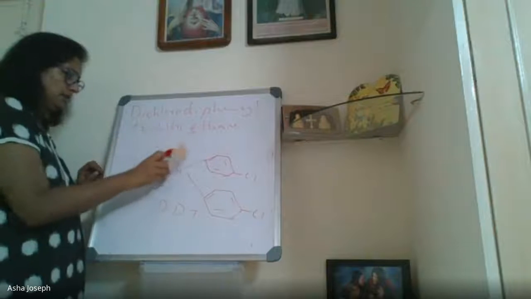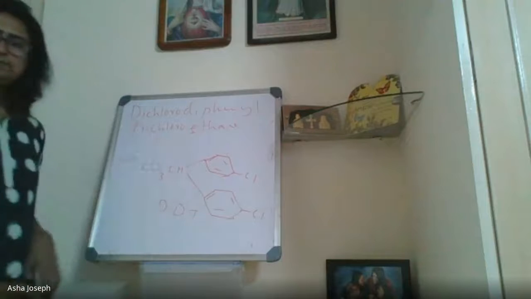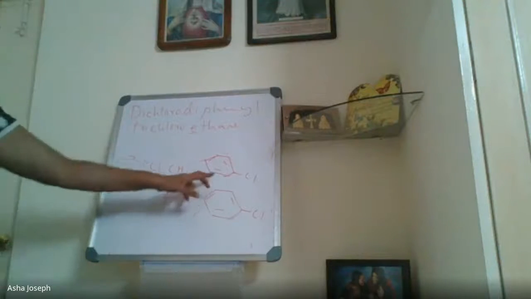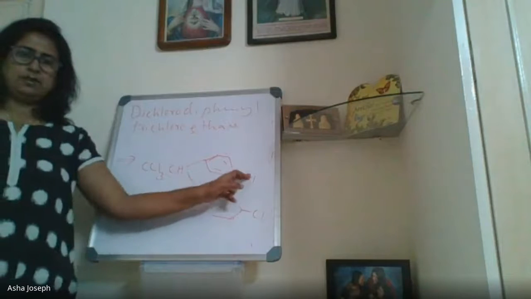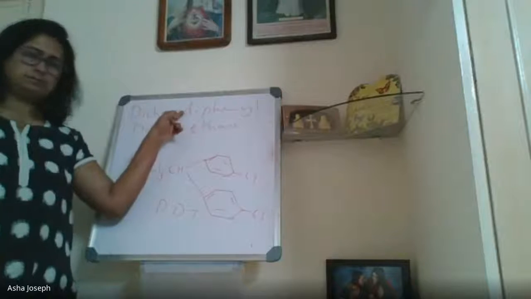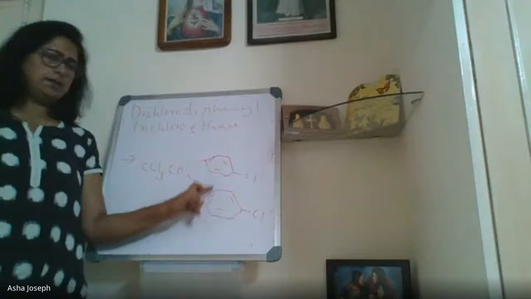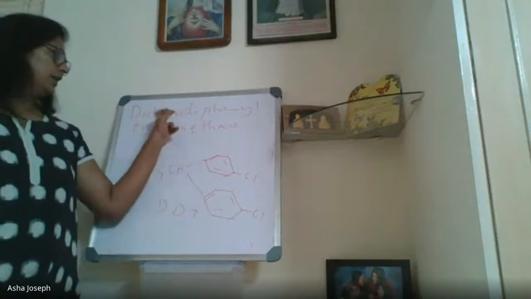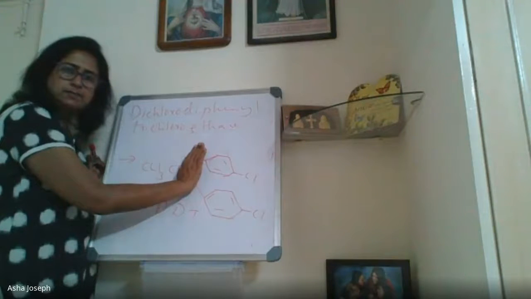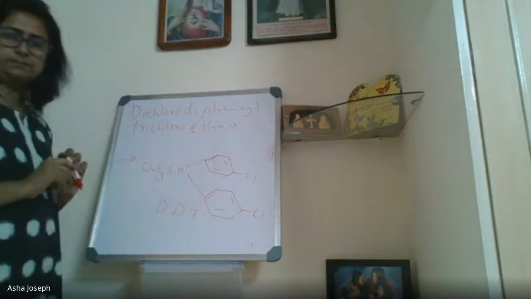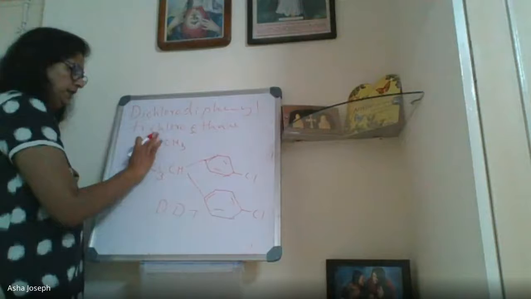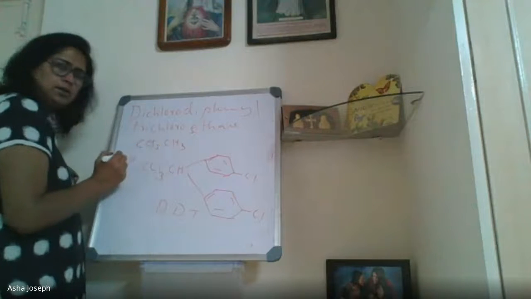All the children understood? Ma'am, can you explain that naming again? For the naming, you see the compound. How many chlorine are there? 2 chlorine, so dichloro. How many phenyl groups are there? 2 phenyl, so diphenyl. The remaining is trichloroethane, isn't it? Trichloroethane is CH3CH3 with chlorines.